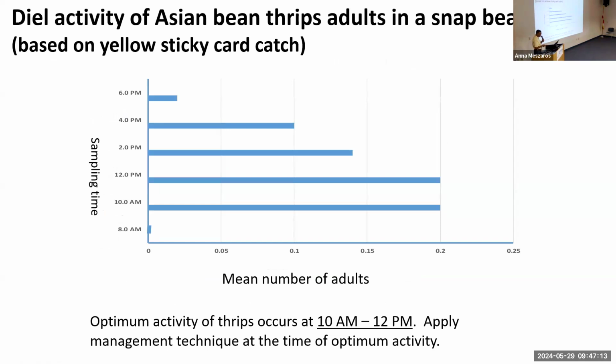The bottom 2 bars, one is for 10 a.m. and another is at 12 p.m. The highest number, peak activity of these thrips, was observed on or before 12. So the best time to spray for managing this thrip is in the morning time, 8 to 12.